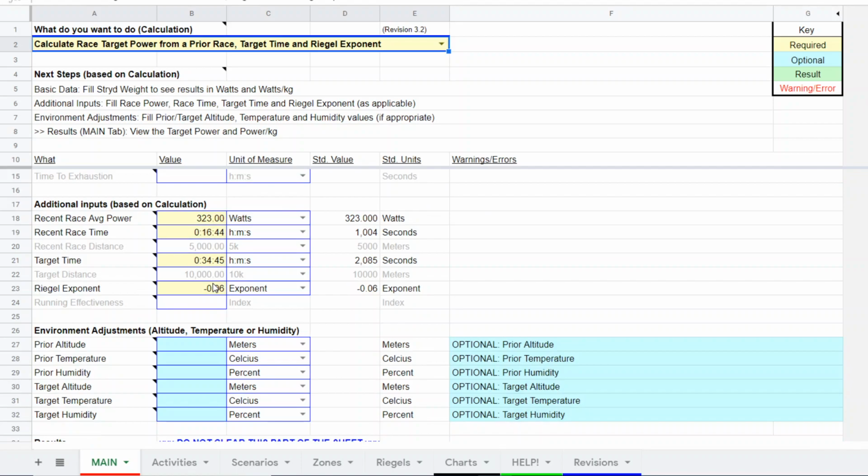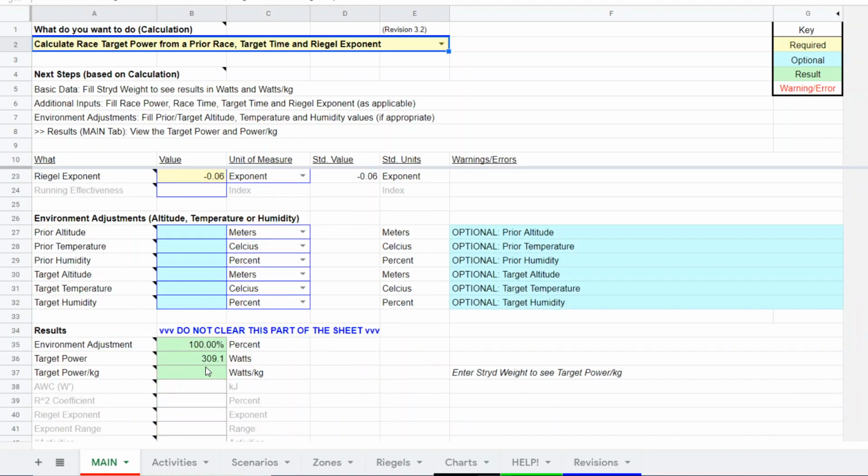And now we're going to scroll down, and here's the target. This particular method comes up with a target of 309. So basically what we're seeing is a target of around 309 to 310 watts using these two different methods. And that's a pretty tight little window for target power.